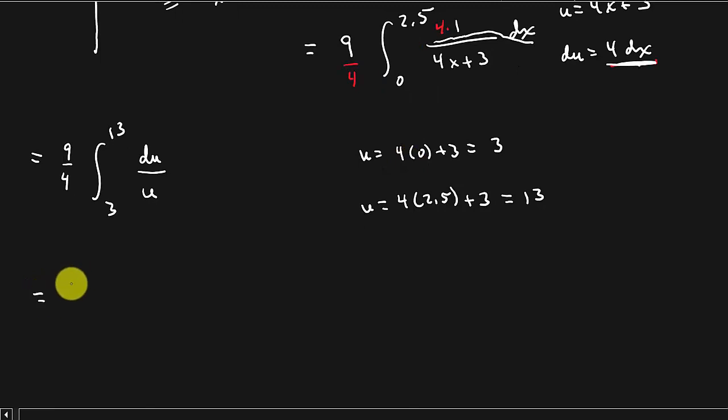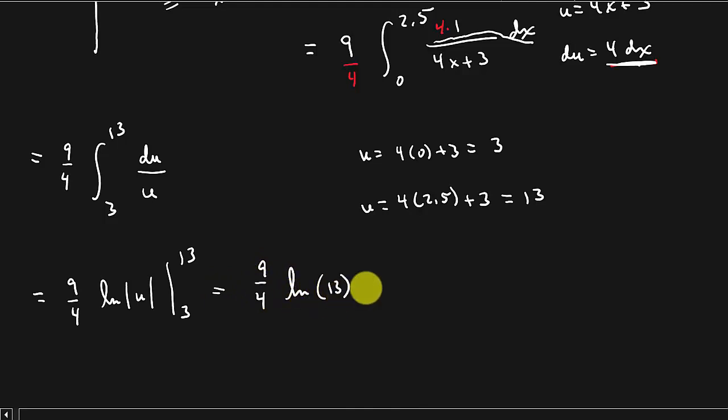And so this is going to give me 9/4 times natural log, absolute value of u, and that's going from 3 to 13. And yes, on this, you could put parentheses instead of absolute value because both of these numbers are positive. And so that's going to be 9/4 times the natural log of 13 minus the natural log of 3.